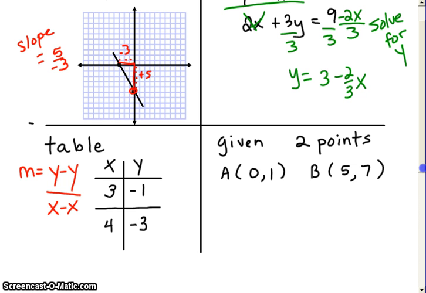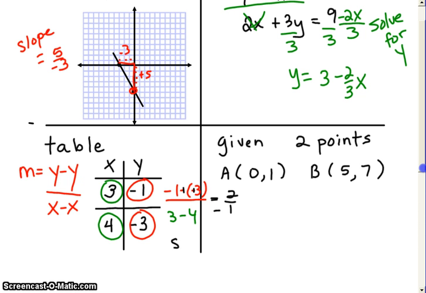So if I look at the two y values, that's going to give me negative 1 minus a negative 3, and then my two x values are 3 and 4, so that's going to be 3 minus 4. Negative 1 minus a negative 3 turns into plus 3. That gives me 2, and 3 minus 4 is negative 1. So my slope is equal to negative 2.